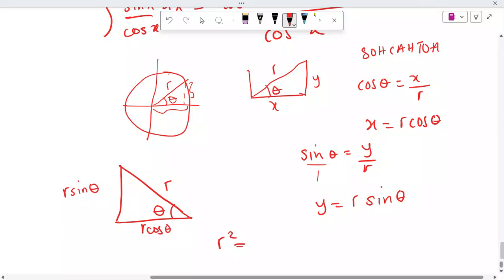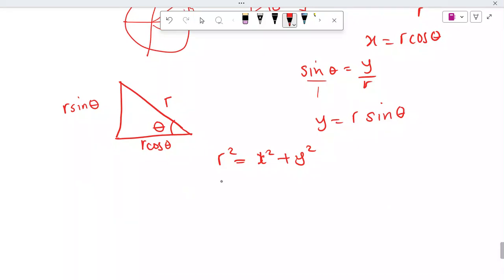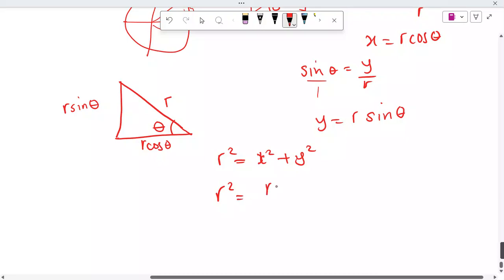So r squared is the same as x squared plus y squared. We know x is r cos theta, so r squared equals (r cos theta) squared plus y, which is (r sine theta) squared.